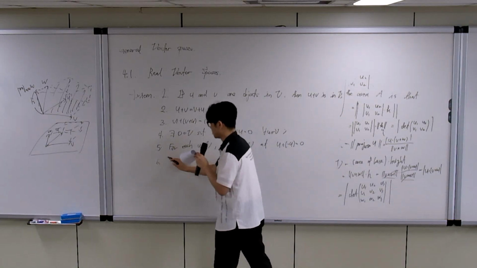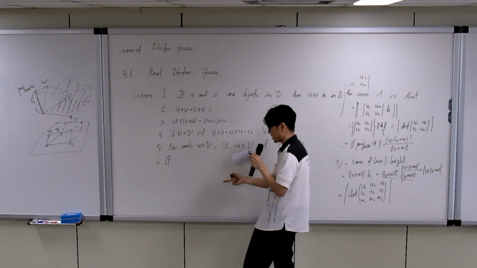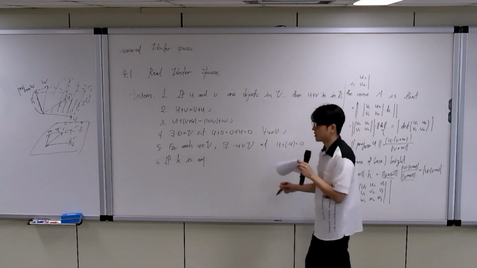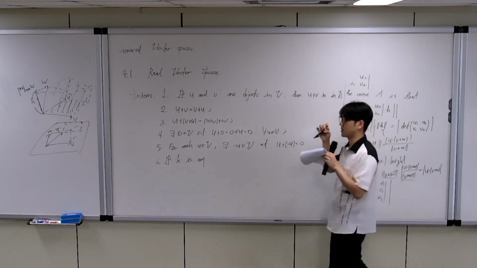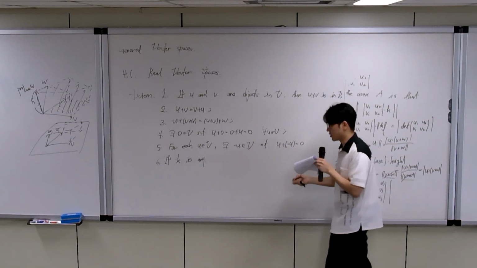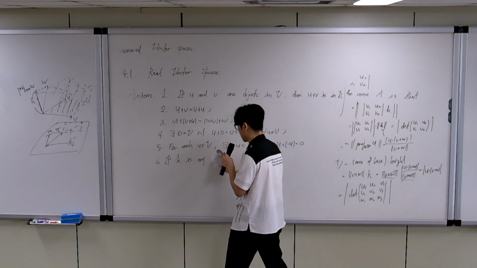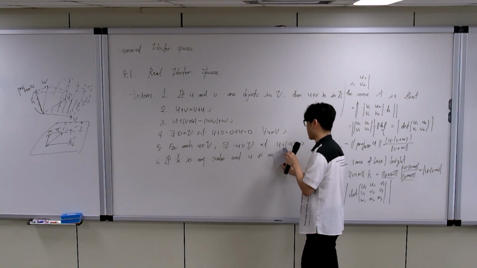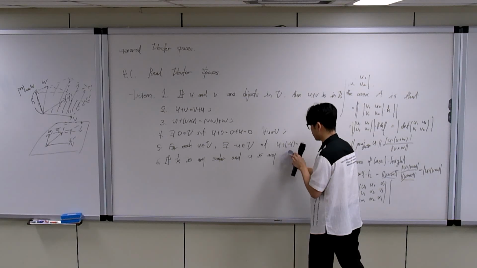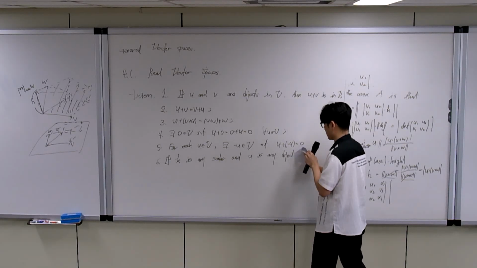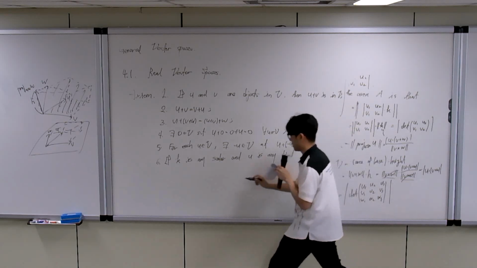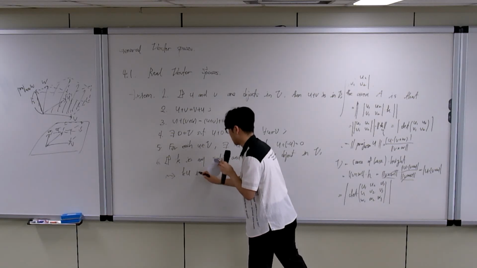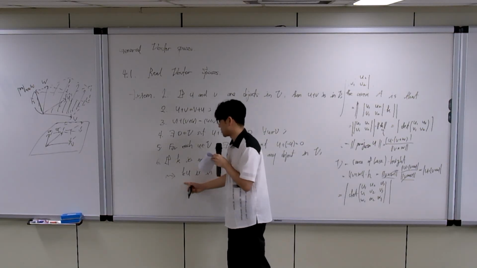The sixth axiom is also sometimes omitted by saying the scalar multiplication operation is a binary function, which means V is closed under scalar multiplication. For k a scalar and u in V, ku is in V. It is just the closure property.